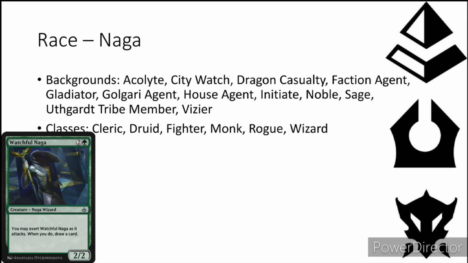Gladiator is another good background, as well as the House Agent, mostly going off of Tarkir's many different clans. The Initiate, Noble, Sage, Uthgar Tribe Member, and Vizier are also ideal backgrounds to choose for that baseline Naga.